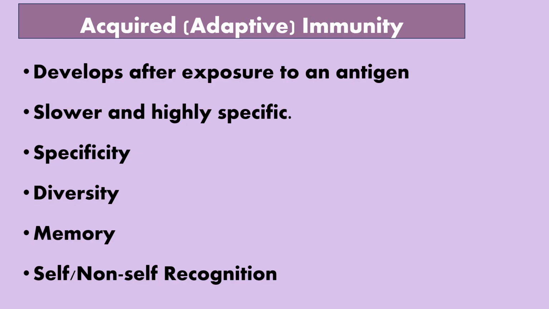It has memory cells which store the memory, so when the same pathogen affects the person again, it will be encountered properly. And it distinguishes the body's own cells from foreign substances.